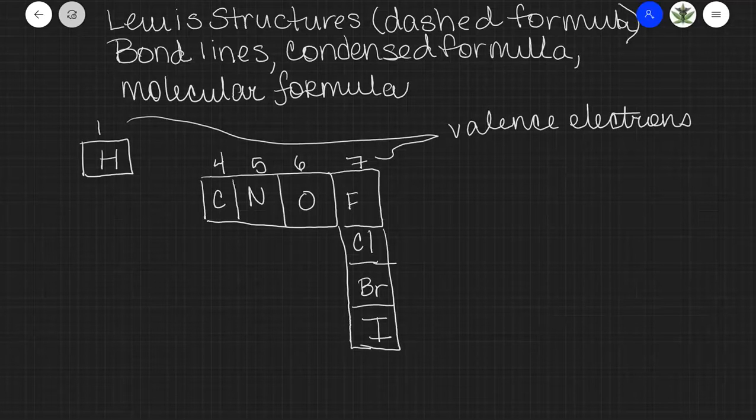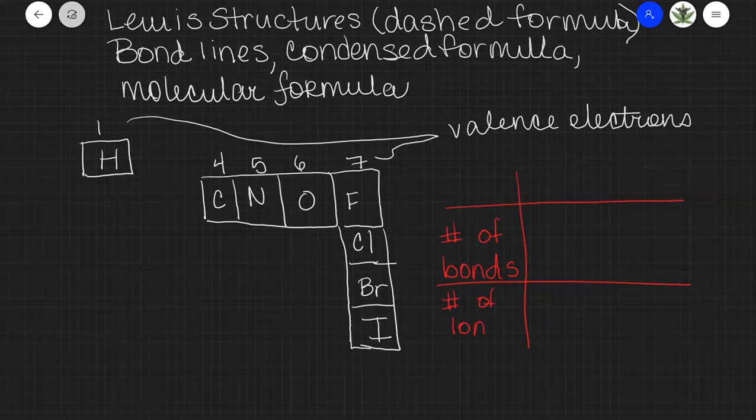So looking at these atoms, we can create a general table. We can look at the number of bonds that these atoms will form, and we can also look at the number of lone pairs.